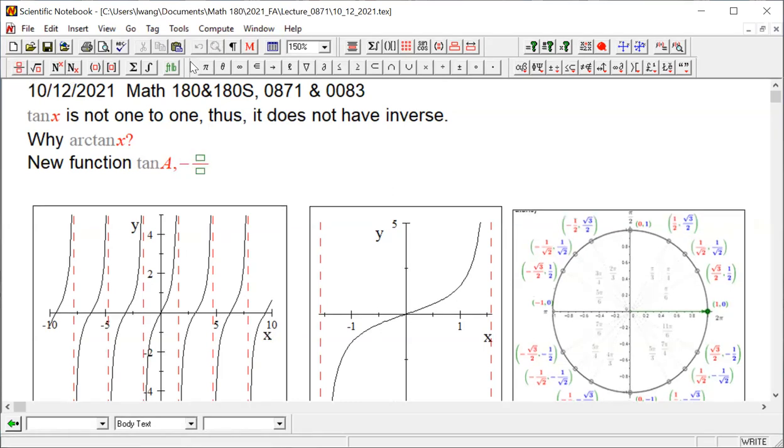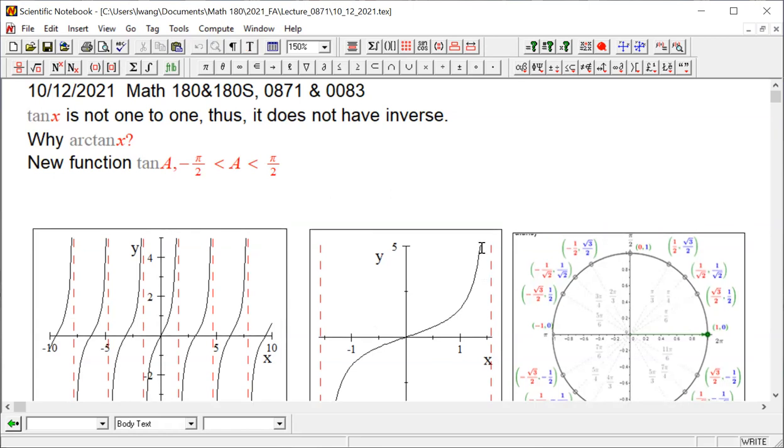So it's exclusive, less than pi over 2. So that's the input. What are the outputs? The outputs are ratios. What ratio? Y over X, right? Y over X.